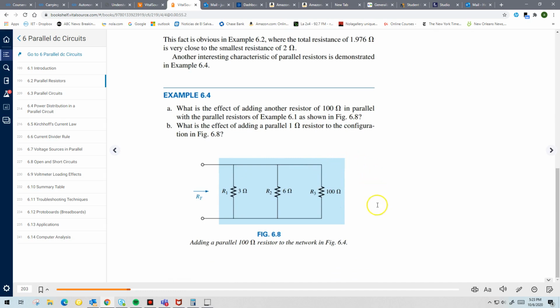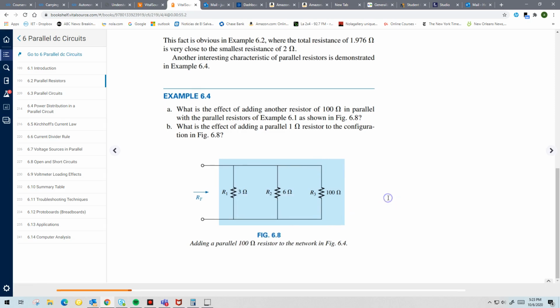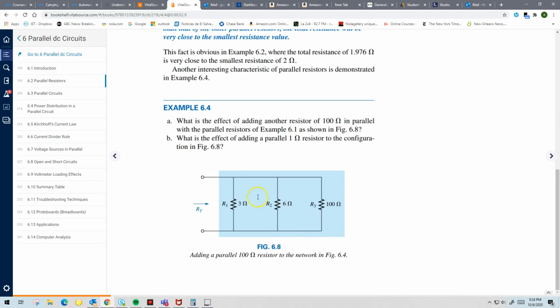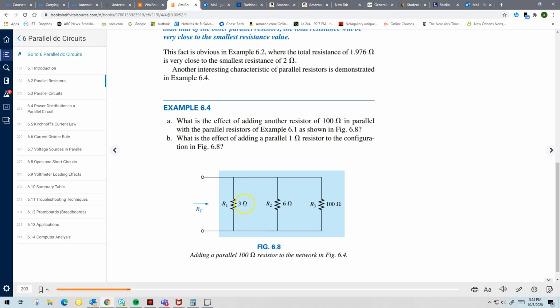If we add a 100 ohm resistance, the total resistance is still going to tend to be close to the smallest one. So adding the 100 ohm resistance is obviously going to change the total resistance, but it's still going to be a small change because the total resistance still tends to be close to the 3 ohm, and we knew that.